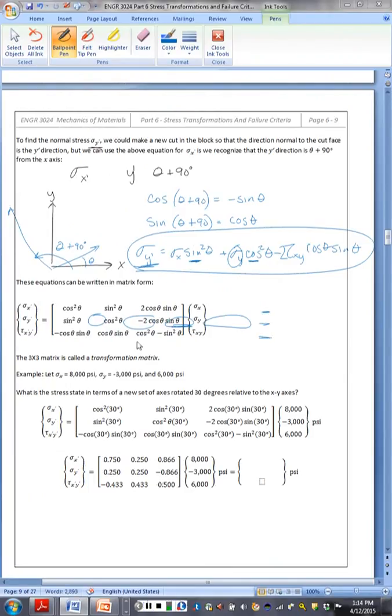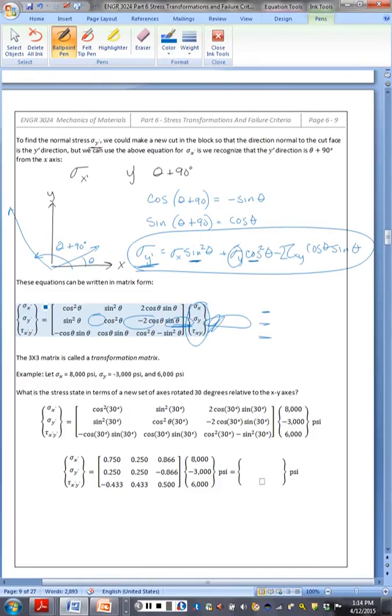So this process gives us a transformation matrix that allows us to go from an arbitrary stress state, sigma x, sigma y, and tau xy, to a transformed coordinate system that is rotated by an angle theta into this new coordinate system.